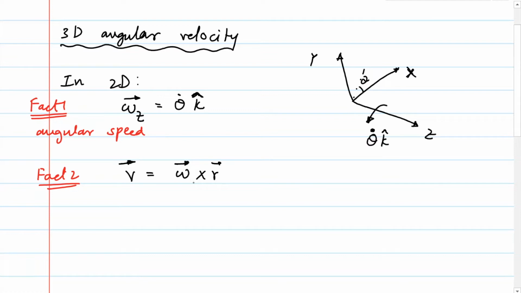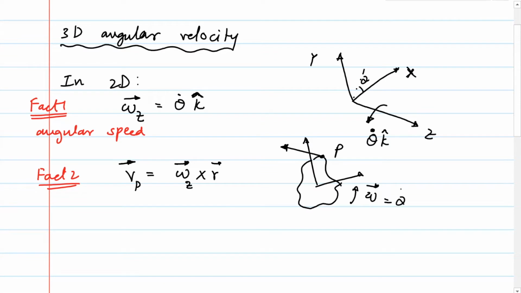So in this case, omega is going to be omega z, and r is whatever the vector is. So there is an object in 2D, and we want to find the velocity of point P. Then the velocity of point P is going to be omega z, which is theta dot k, times the vector r.